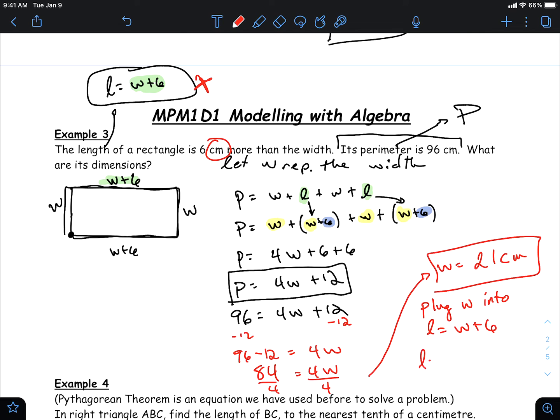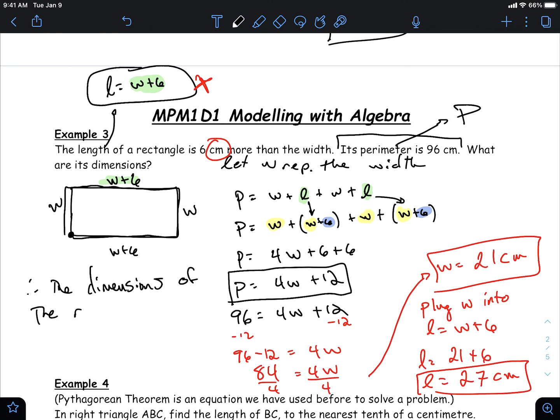So the length is going to equal 21 plus 6, so the length is going to equal 27 centimeters. Then just to wrap everything up with a nice little bow, you could say, therefore, the dimensions are 21 centimeters by 27 centimeters.